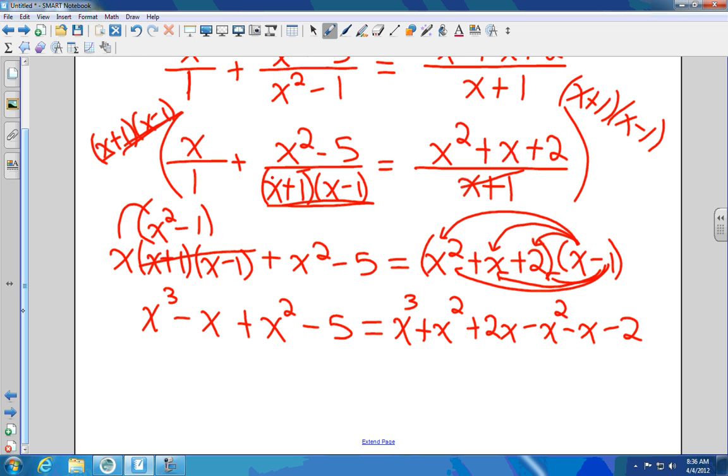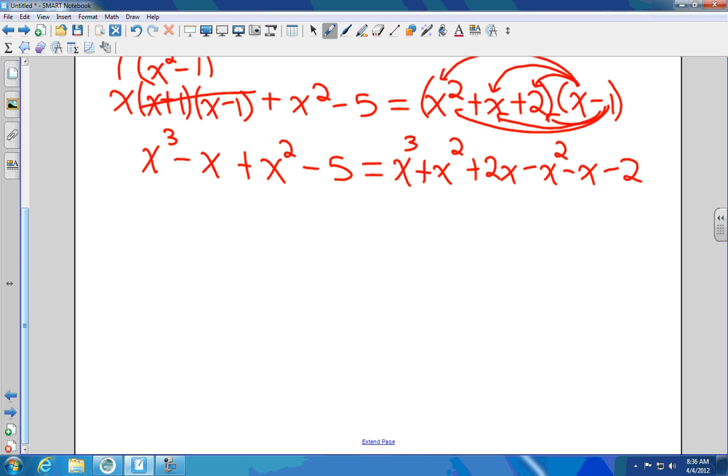Remember, what's the goal? Get x by itself. Looks pretty challenging. There's about 5, 9, 10 x's in there, something like that. And you got to get it down to 1. We've already said this side is simplified. We can't combine any of that, but we can on the other side. So we go through and we add and subtract like terms.